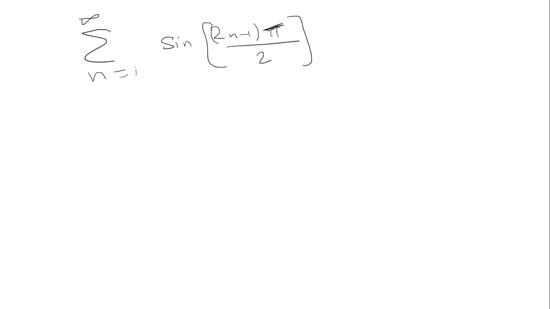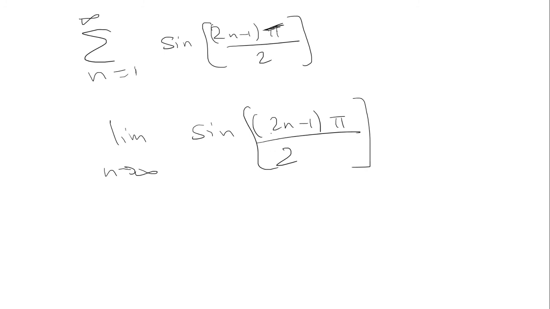But let's look at the limit here. I think that will tell us something, because in general, sine alternates between negative 1 and positive 1. So if I look at the limit as n approaches infinity of sine of (2n minus 1) times pi all over 2.